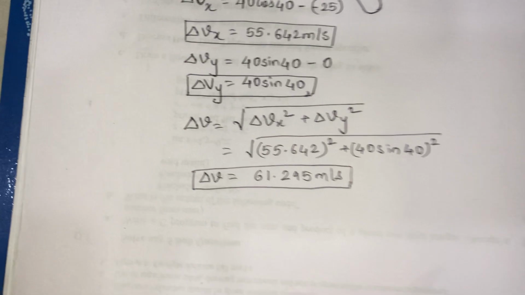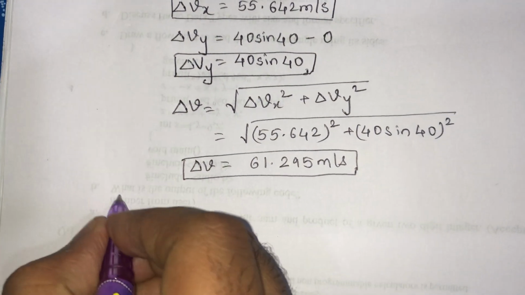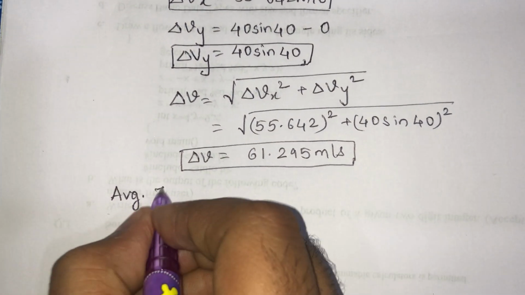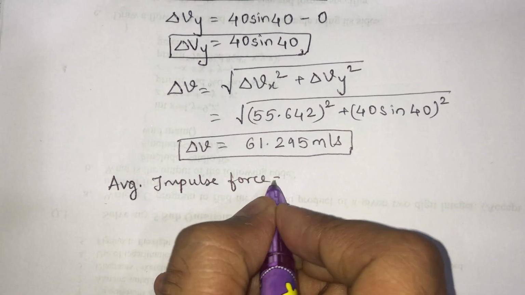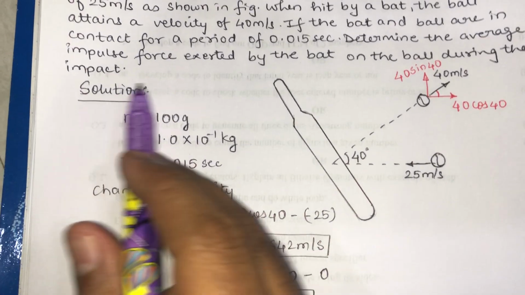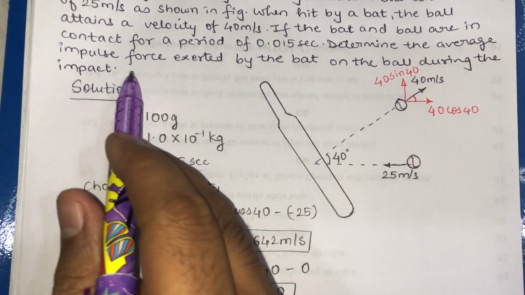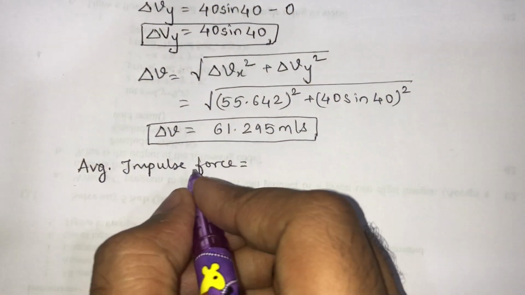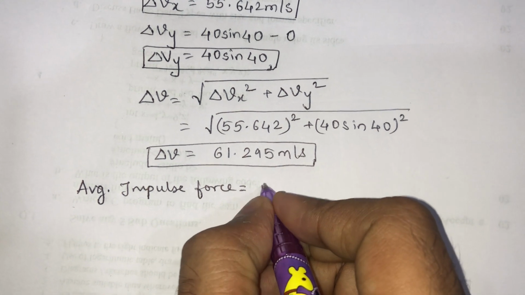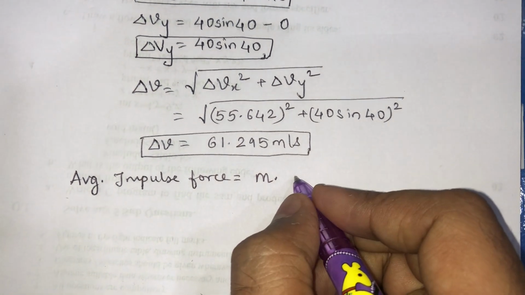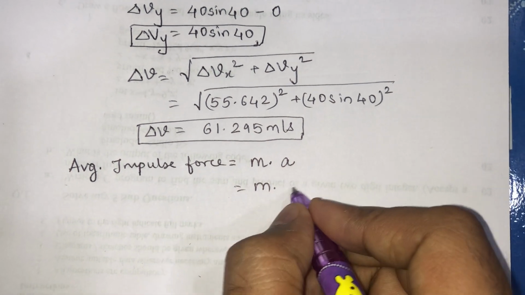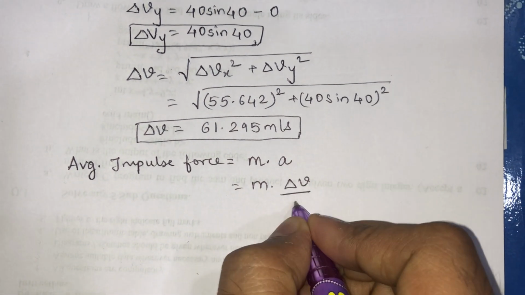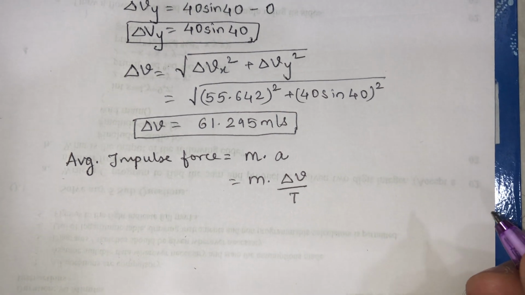Okay, now if I go with the average impulse force, as it is being asked in the question, determine the average impulse force. So we are finding the average impulse force. The force has a formula m into a, which can be written as m into delta v by t.